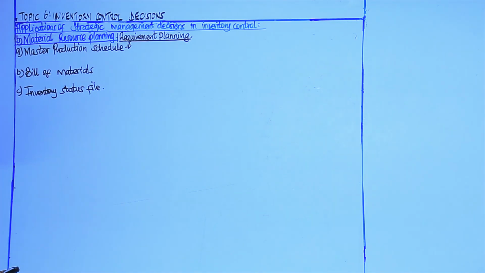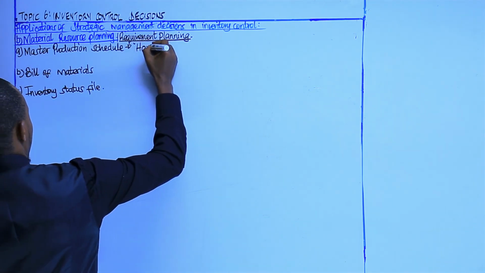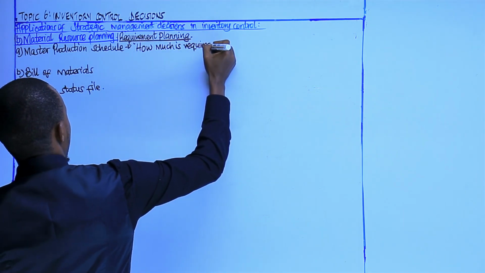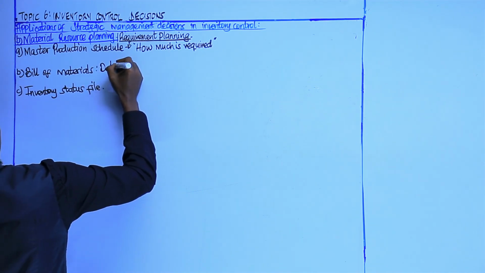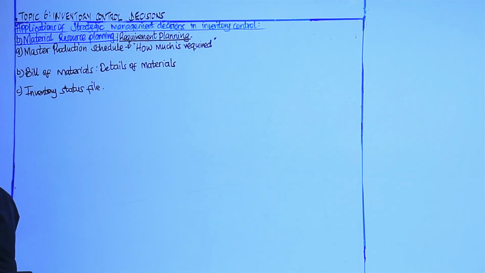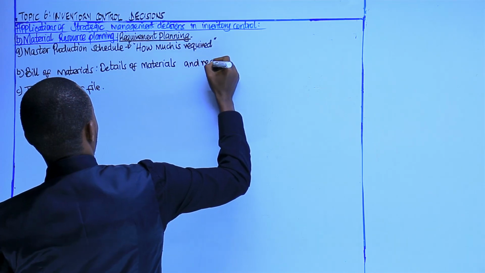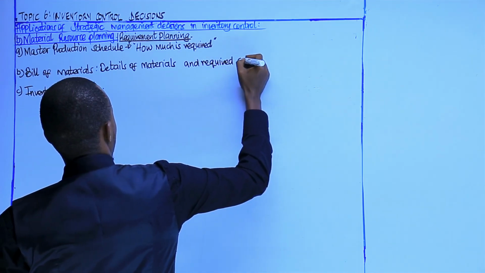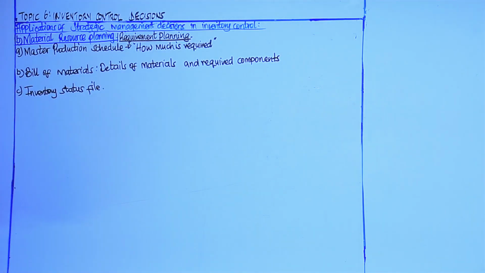A bill of materials, on the other hand, will show you the details of materials and components that are required to be used in production.